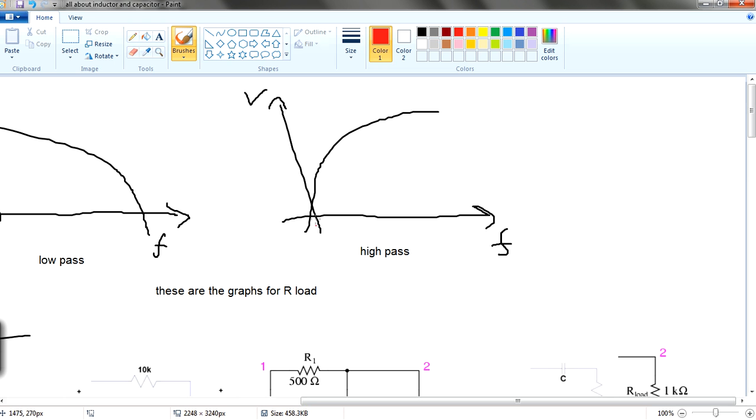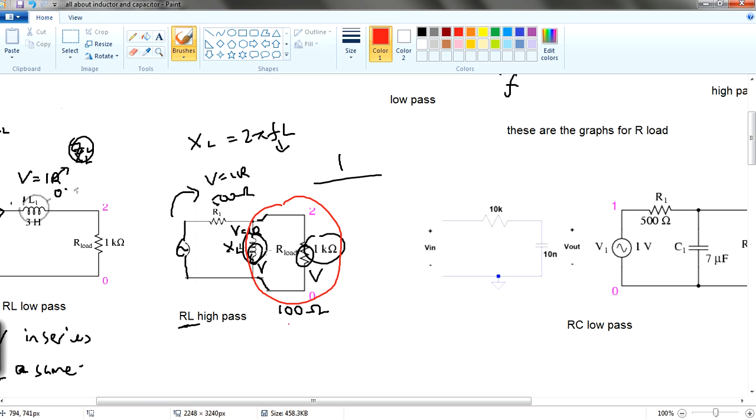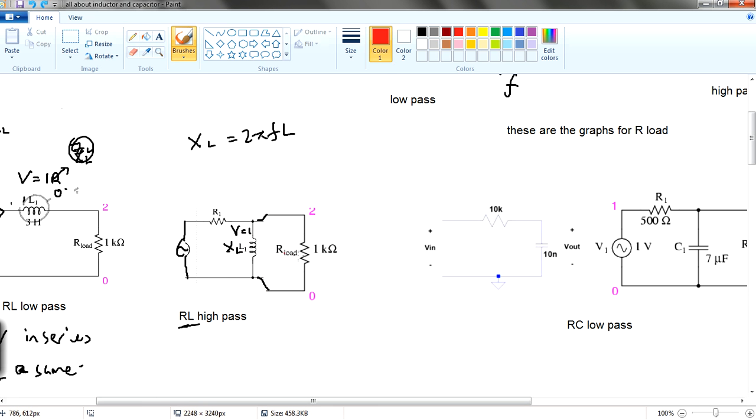If your frequency is low, your voltage is actually very minimum. So the voltage going through the R load is very little because it's being dragged down by the inductor, whose reactance is very small, so it affects the overall R load. You get what I mean?